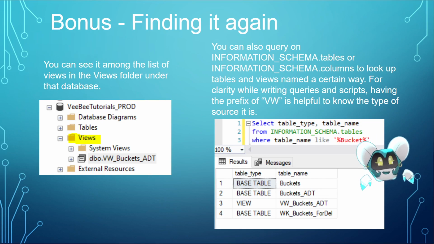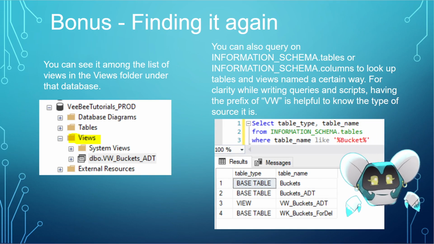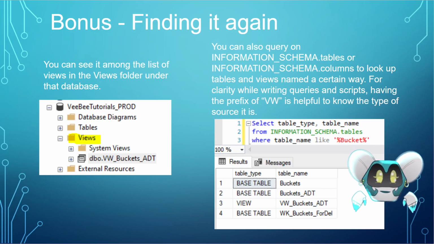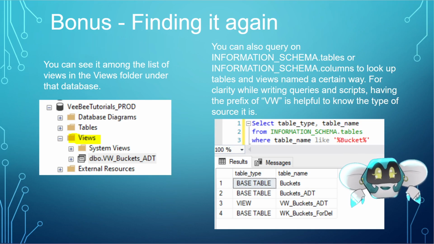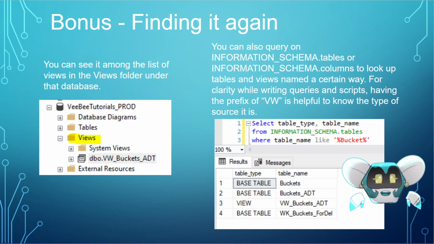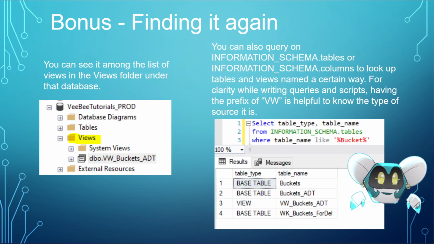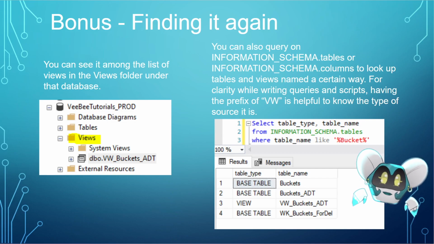Speaking of information schema, if you do want to view the coding behind your view, you can go to the views folder under your database, and you will see it there. You can also do a select from information schema.tables, or information schema.columns.